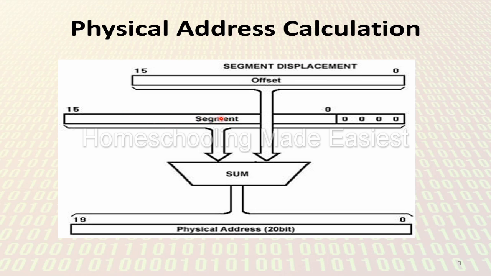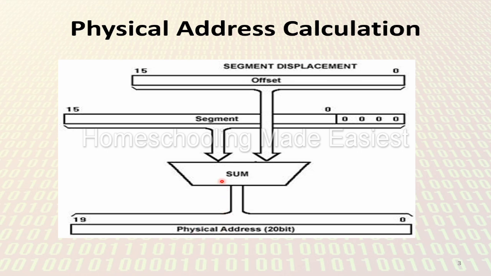It means where does that item reside in the memory? What segment in the memory? So we have to know the address of that segment. That segment address will be padded with 4 binary digit zeros, after which we add these two values, and the sum will now be our physical address, the actual address in the memory.